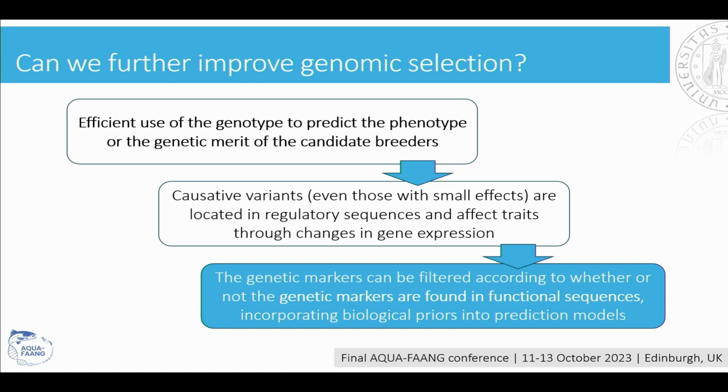We can try to understand whether these causative variants are located in regulatory sequences, because we know they can affect the trait through changes in gene expression. So we can use all this information to filter or integrate into prediction models. We can filter the genetic markers according to their localization inside functional sequences.